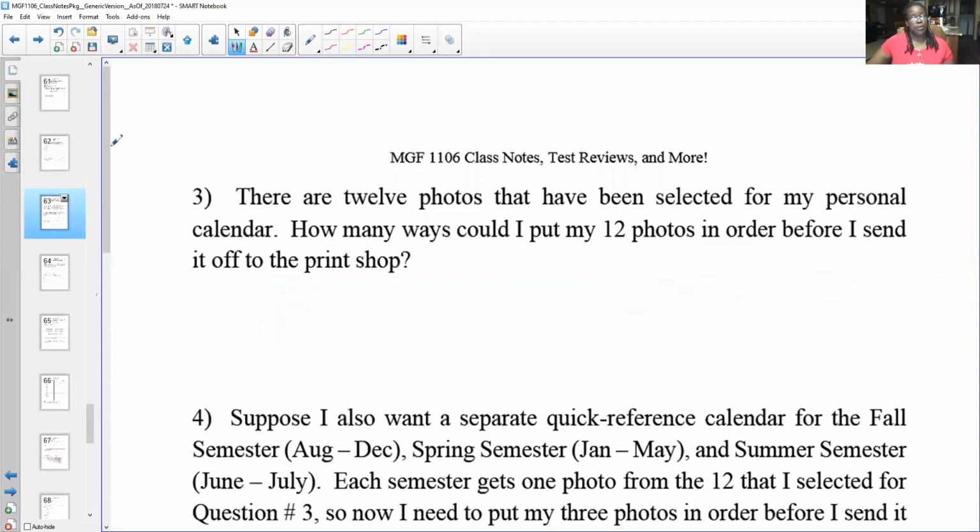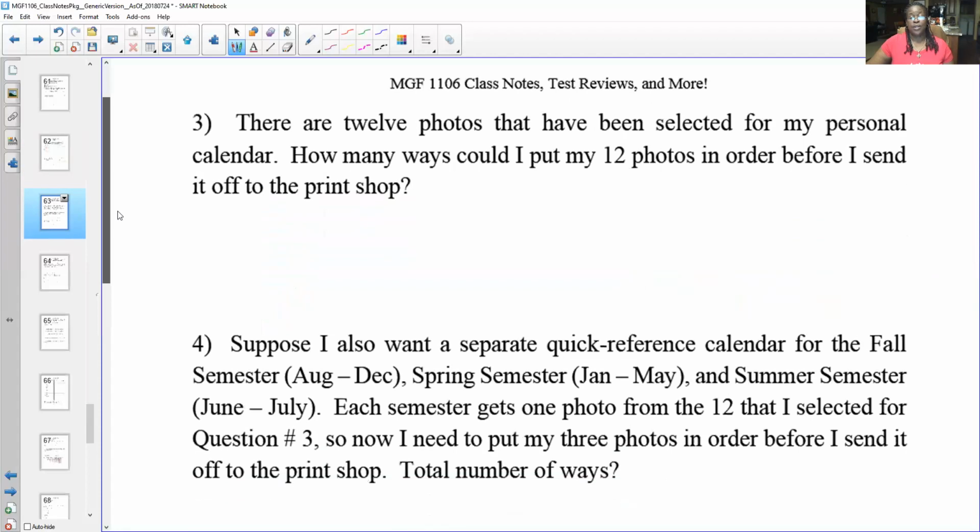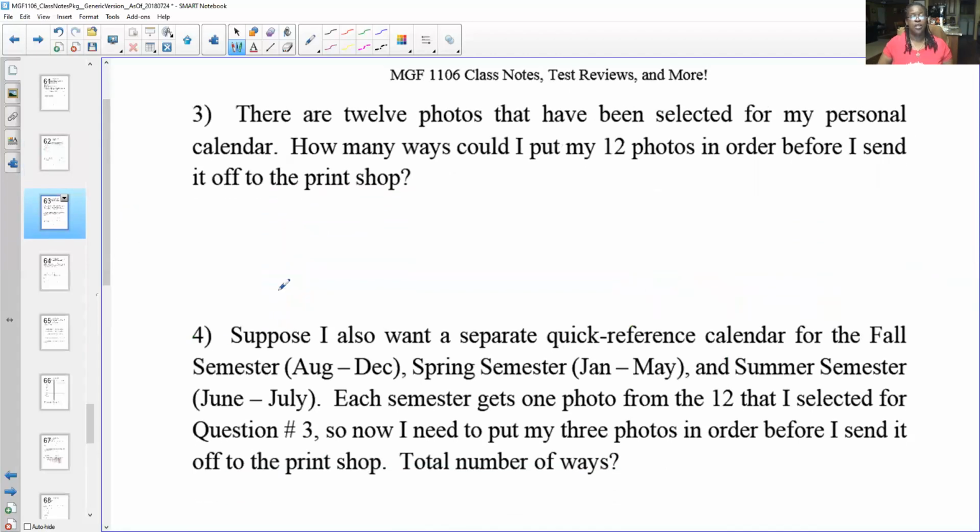Here's our next problem. Again, we got to read and understand what they're asking us. There are 12 photos that have been selected for my personal calendar. How many ways could I put my 12 photos in order before I send it off to the print shop? Now, here we have 12 photos that this person wants to put in their personal calendar.